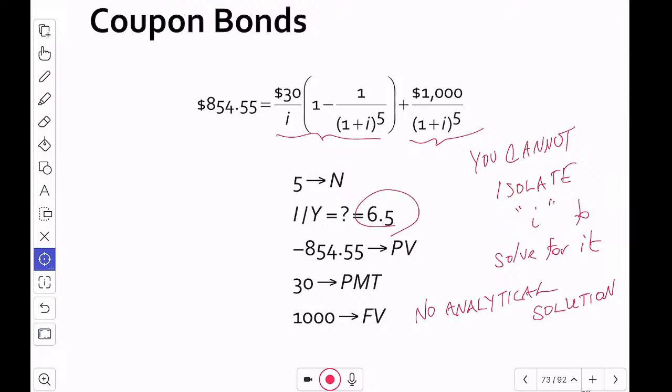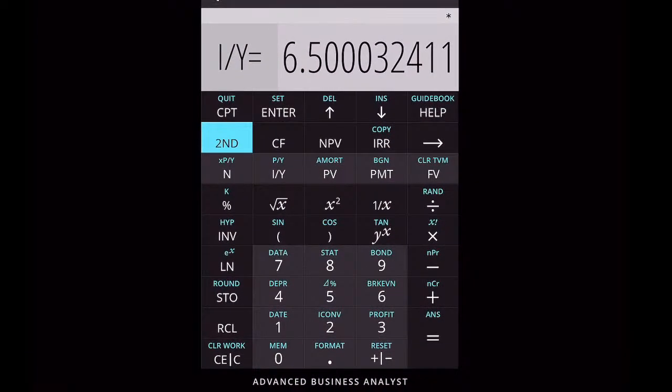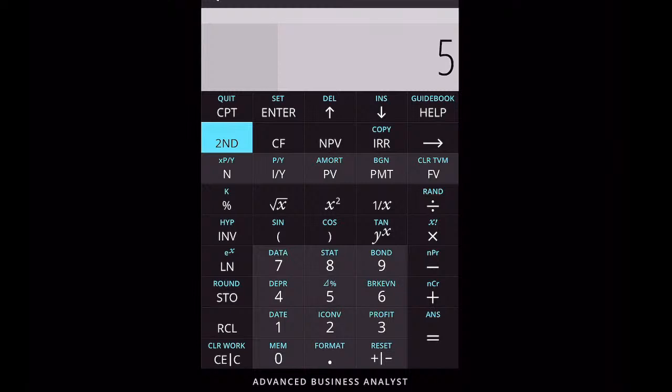Okay, let's do it again in the calculator. So 5 is N. Skip interest. PV is what we know, 855.54 negative, and then payment is 30 that will be received, and also $1,000 at the end will be received, and we compute interest.